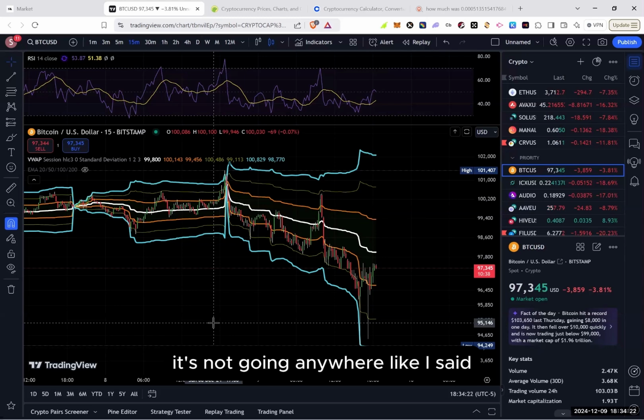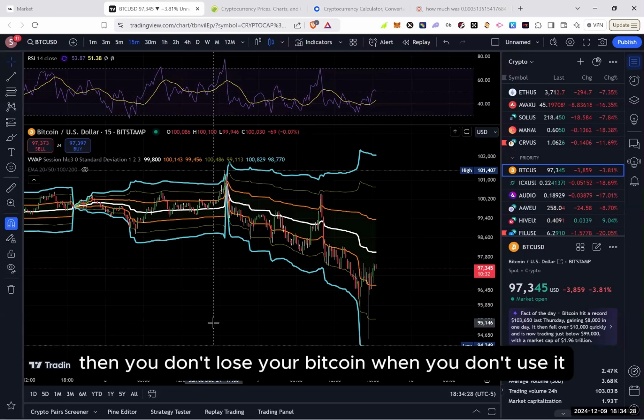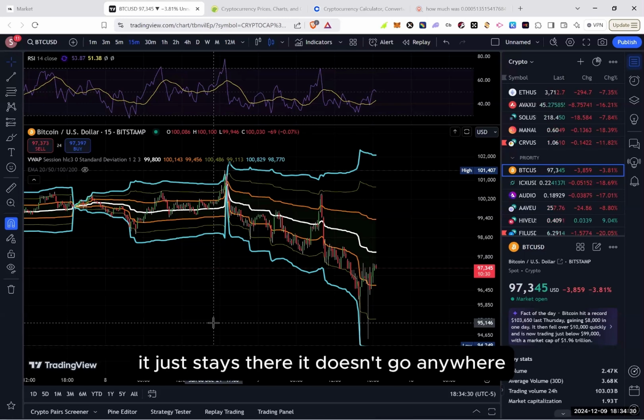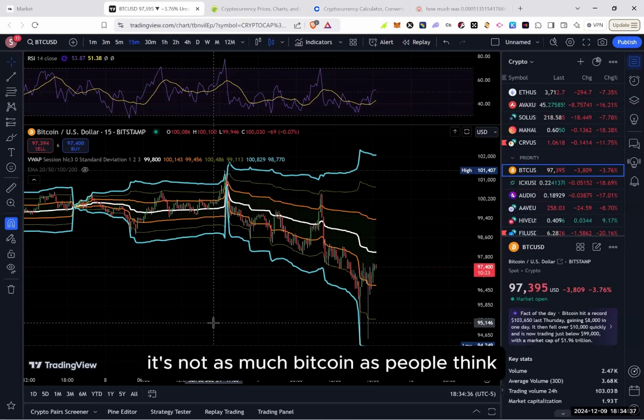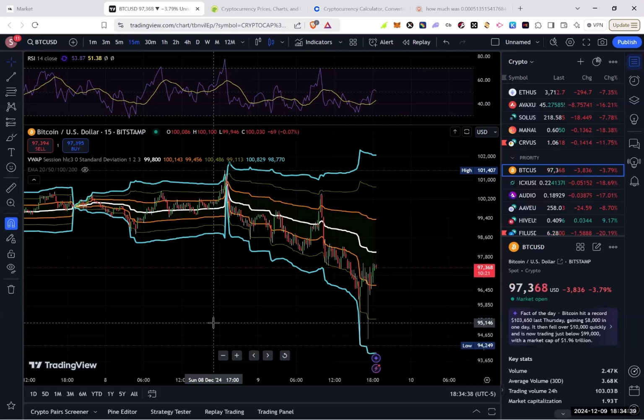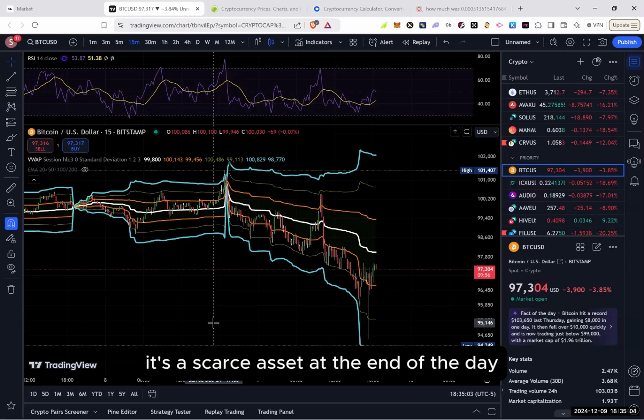It's not going anywhere. Like I said, no one can take it from you, but that's why it's important that we have control of our phrases. You don't lose your Bitcoin when you don't use it, it just stays there. So think about how many people lost access. It's not as much Bitcoin as people think that's actually available. But yeah, it's a scarce asset at the end of the day.